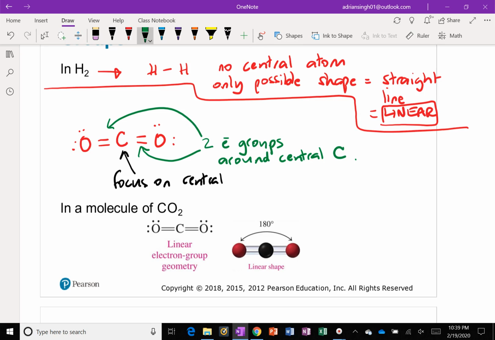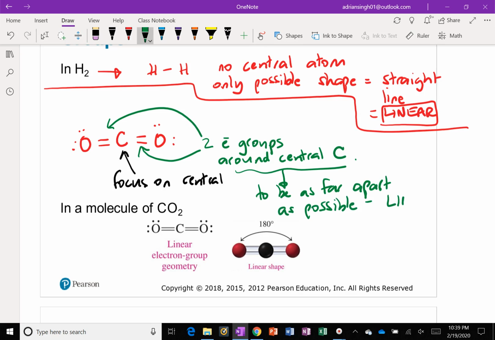We are not really concerned at all about the electrons, the lone pairs around the oxygens, because the oxygens are not central. So we're going to focus on what's in the middle. Those two electron groups around the central atom, in order for them to be as far apart as possible, the only shape that would be ideal would be, again, a straight line, or linear, right?